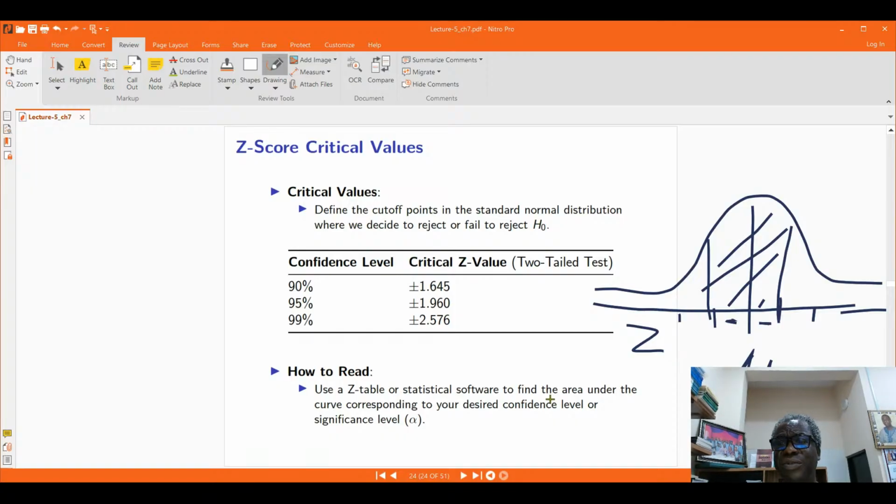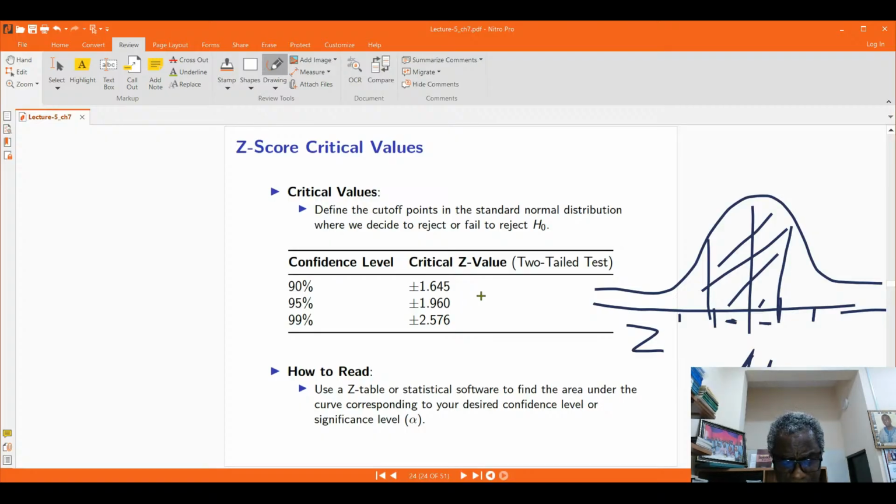So critical values: 1.645, 1.960, 2.576. These are critical values, and they can be read from the table. For instance, the table that I showed you before, we can easily read these critical values from that table.